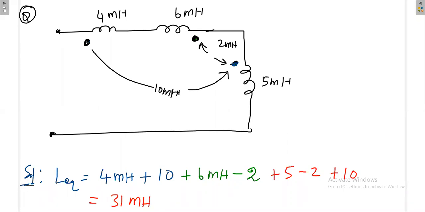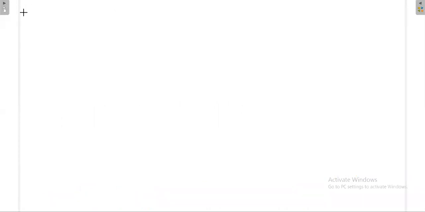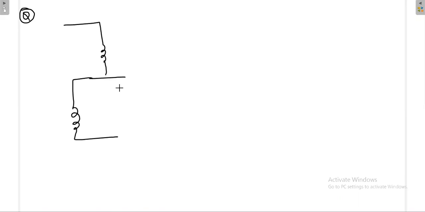We'll take another problem. This is 2 Henry, a dot is here, 2 Henry, another dot is here.